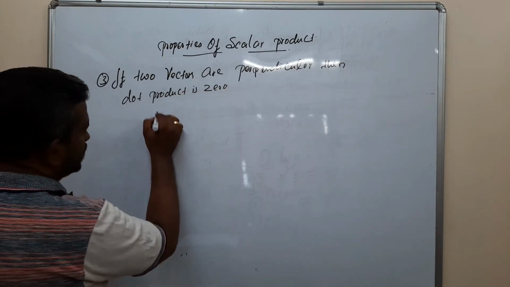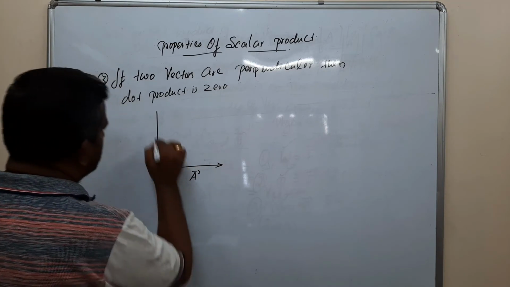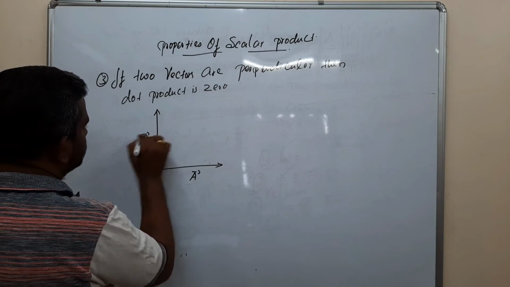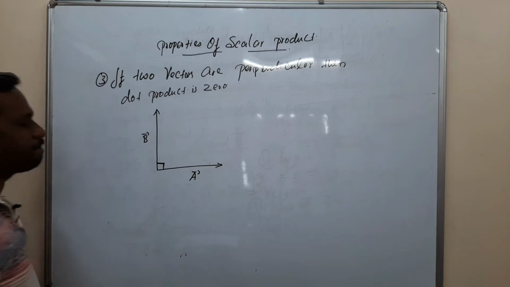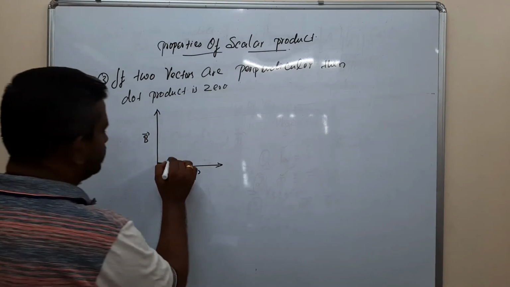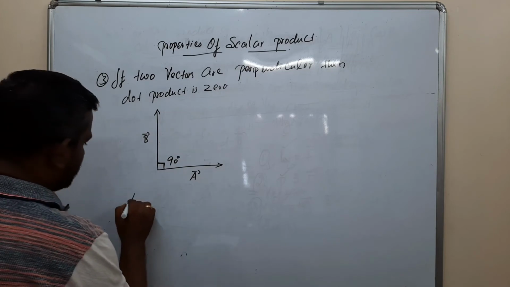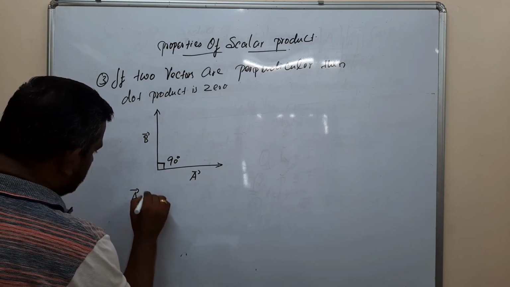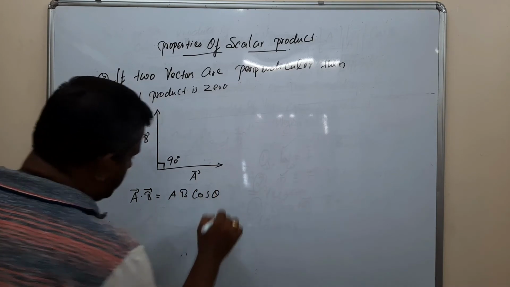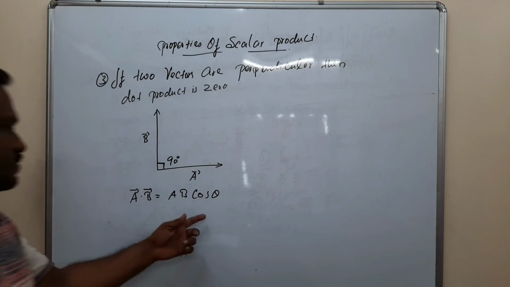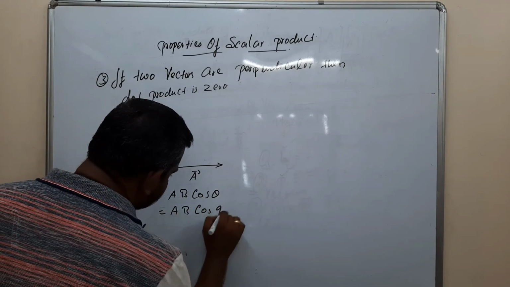So consider two vectors, A vector and B vector. What is the angle between these two? It is 90 degrees. So A vector dot B vector is equal to AB cos theta, that is AB cos 90.